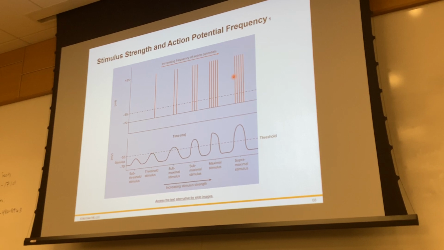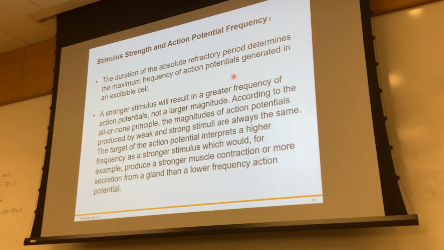That frequency is dictated by the strength of the response, but that frequency has a limit, and that limit is dictated by the refractory period. Okay? And that's what this is saying right here. So it's not a larger magnitude right here, but just an increased frequency.